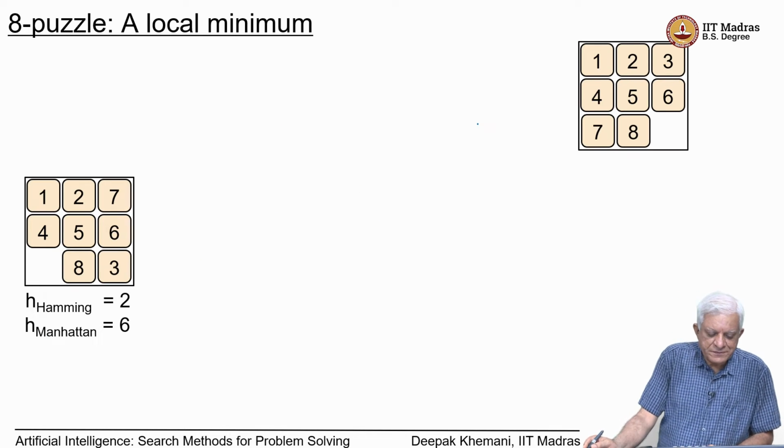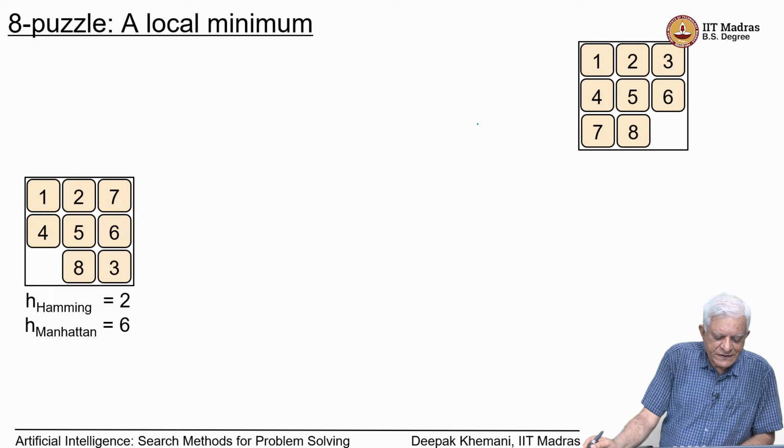So, here is a state that we are looking at. You can see that the Hamming distance is 2. Why is that? Because as you can see, 1 is in place, 2 is in place, 7 is not in place, 4 and 5 and 6 are in place, 8 is in place and 3 is not in place. So, only tiles 7 and 3 are out of place.